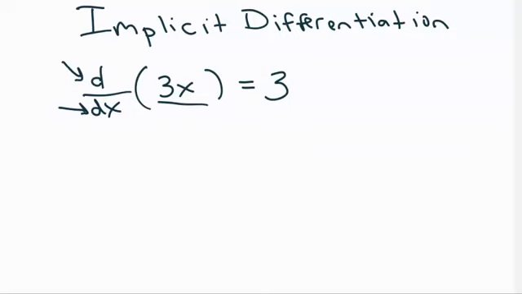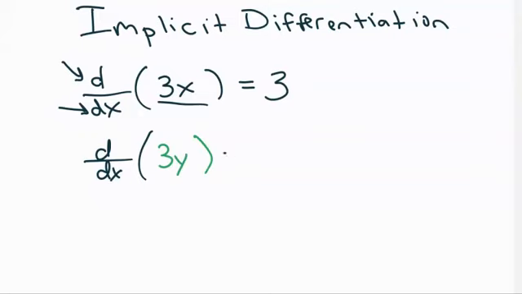All right, what if they asked us to take the derivative with respect to x of, let's say, 3y. So notice something a little different here. They're asking us to take the derivative with respect to x, but our variable here isn't x.